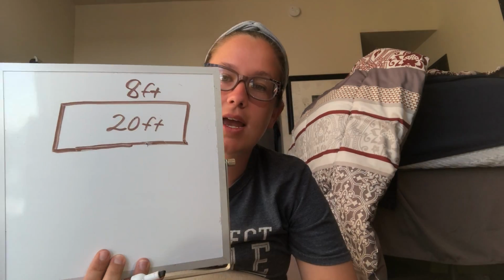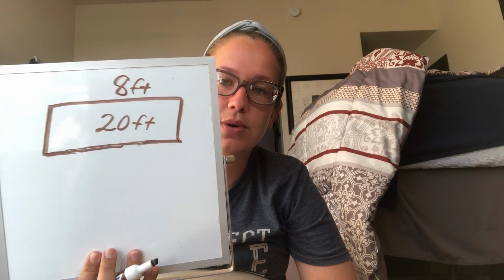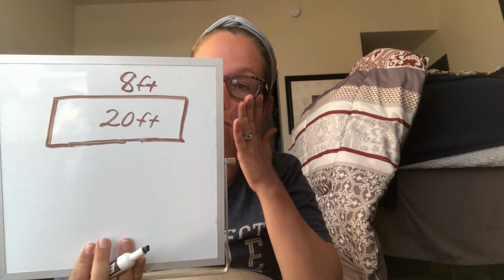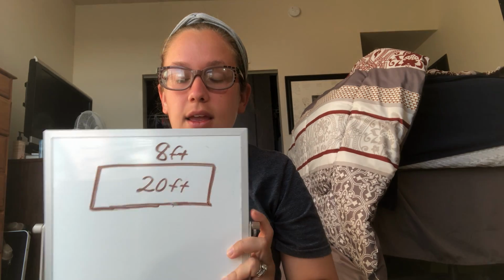Let's do 8 feet. So I'm given the perimeter, which is 20 feet, and I have the width, which is 8 feet. Now, I don't know, and I need to find my length.